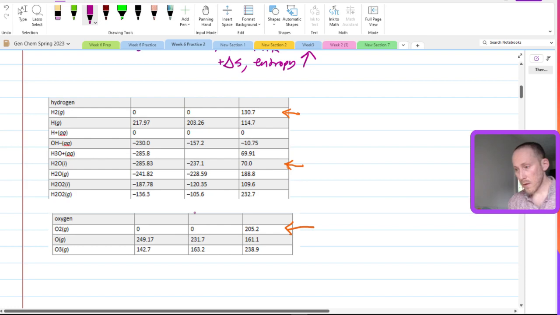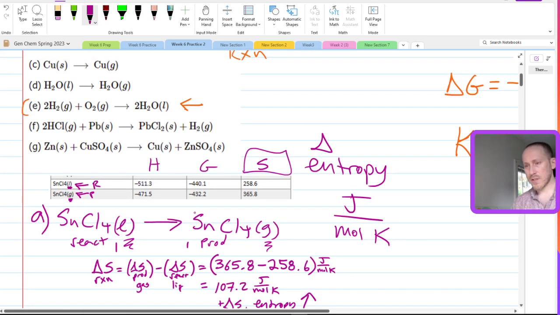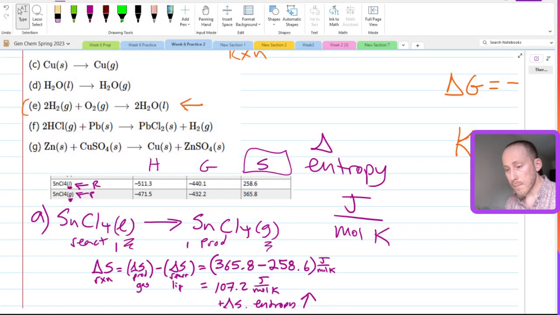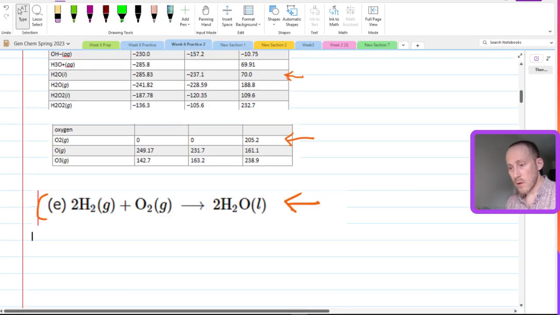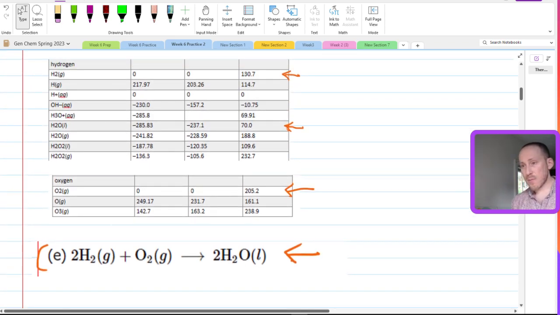Okay, awesome. Let's do entry E, which is the formation of water right here, right? Let's just do this the quick way. So, formation of water. And I already pointed out everything we need.